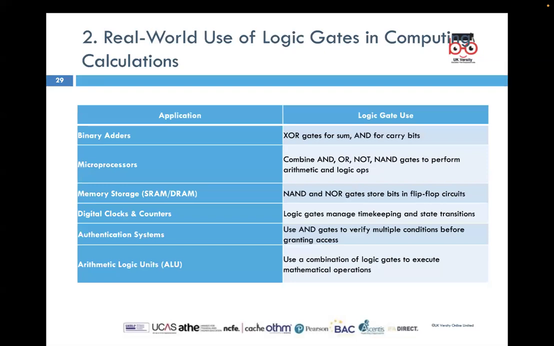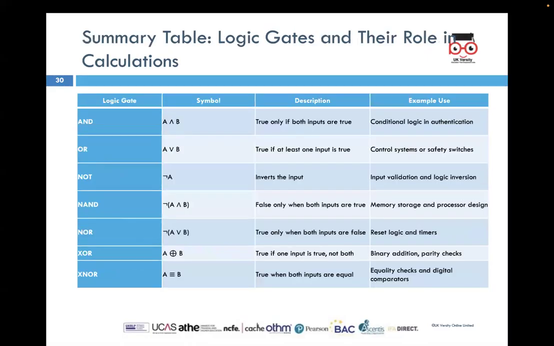Memory storage: NAND and NOR gates store bits in flip-flop circuits. Digital clocks and counters: logic gates manage timekeeping and state transitions. Authentication systems use AND gates to verify multiple conditions before granting access. ALUs use a combination of logic gates to execute mathematical operations.